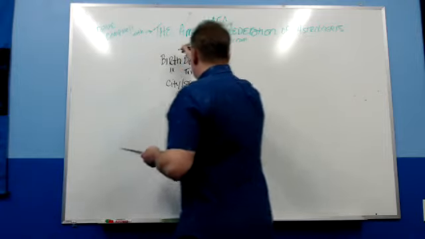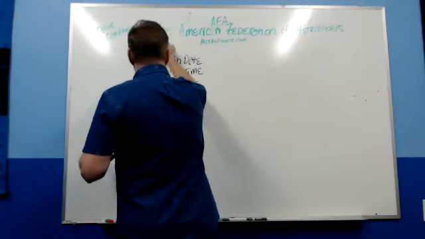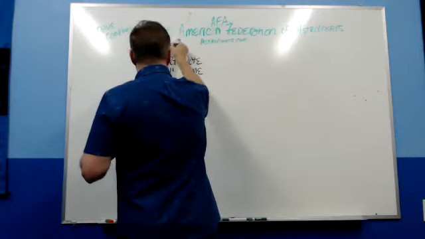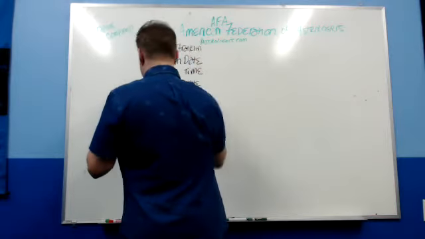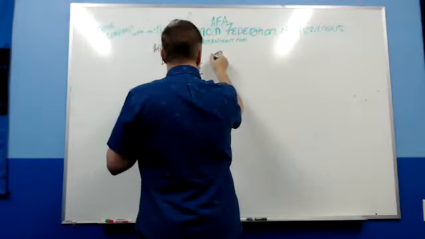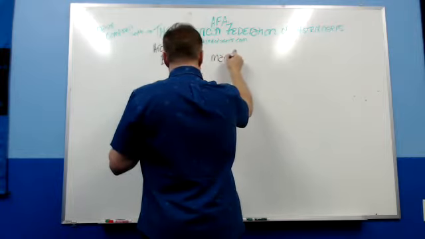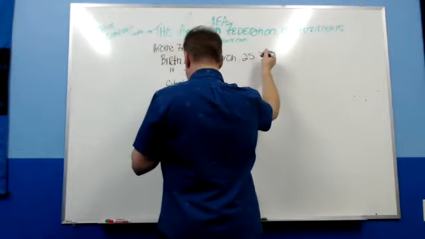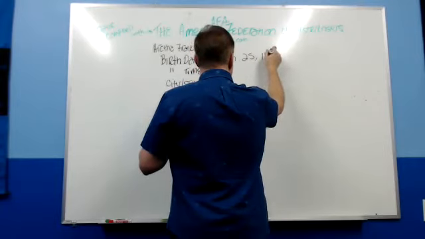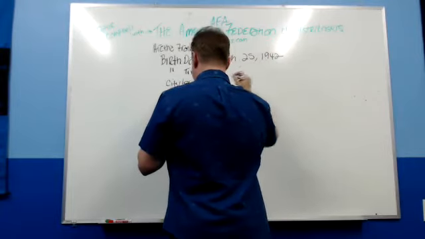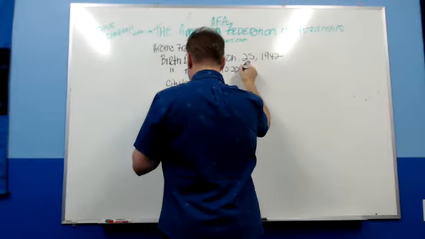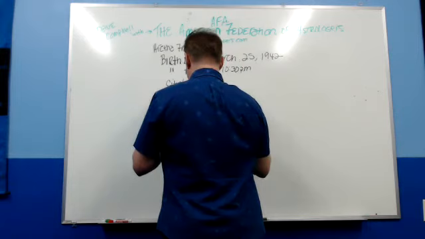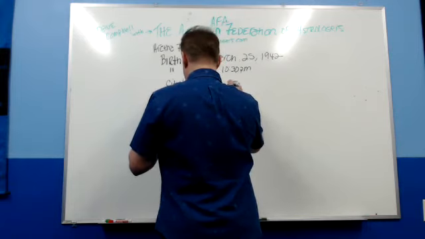The birth date for Aretha Franklin is March 25th, 1942, at 10:30 p.m., and she was born in Memphis, Tennessee.